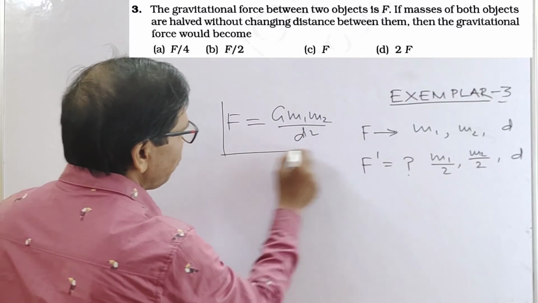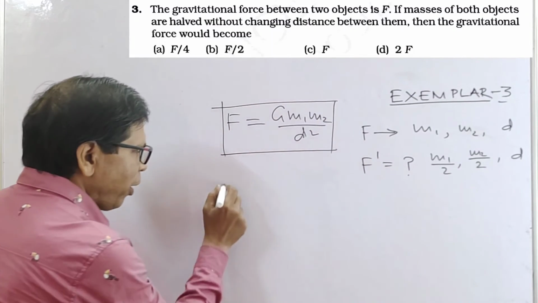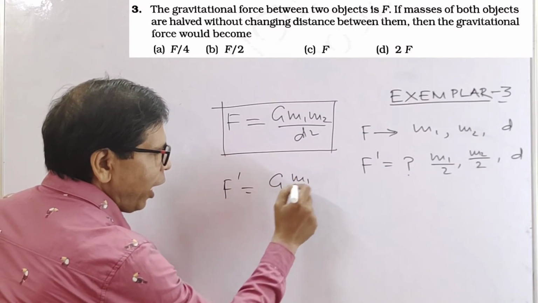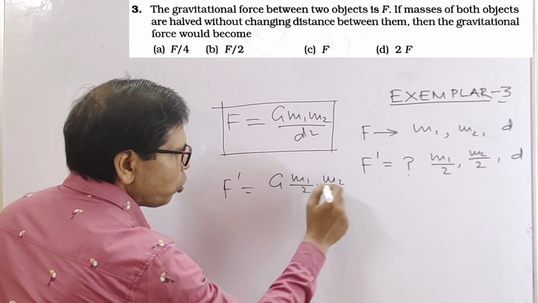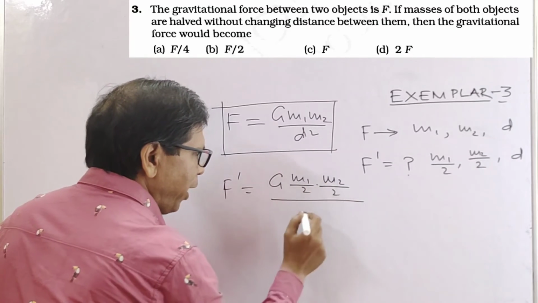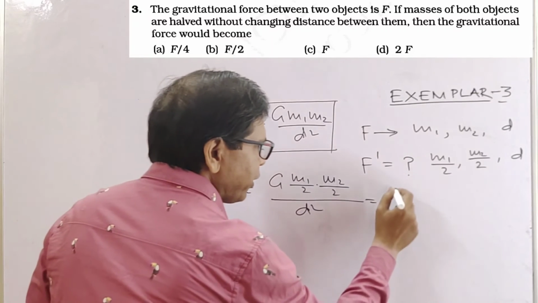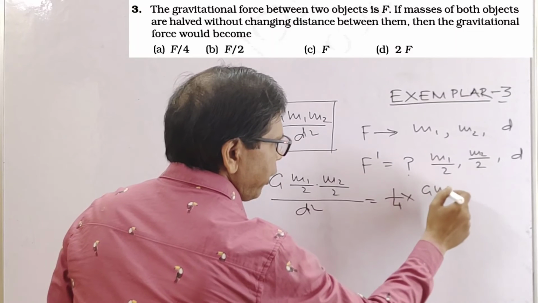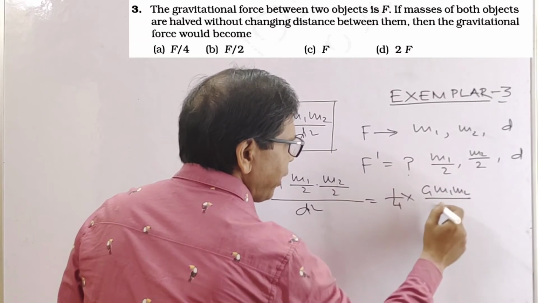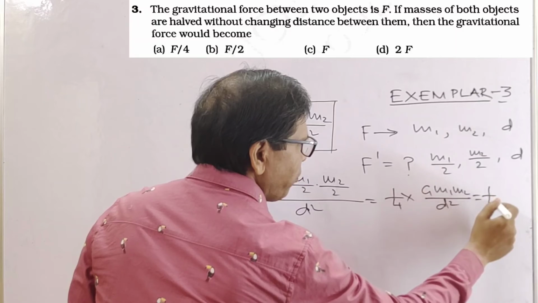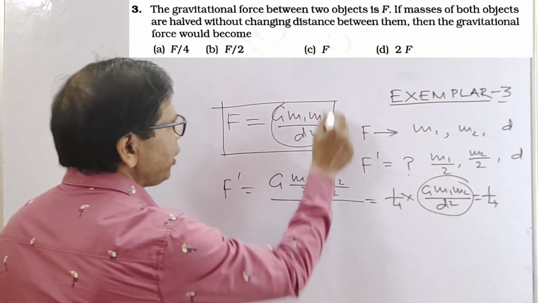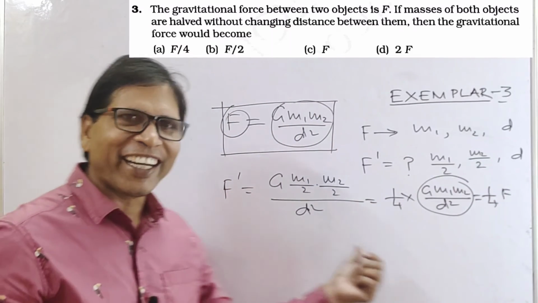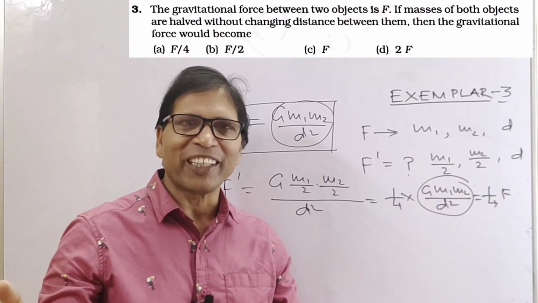Now the final force of attraction F dash is G, with mass half, m1 by 2 and m2 by 2, divided by d square. So this is 1 by 4 into G m1 m2 divided by d square, which equals F by 4. Therefore force of attraction becomes 1 by 4 times.